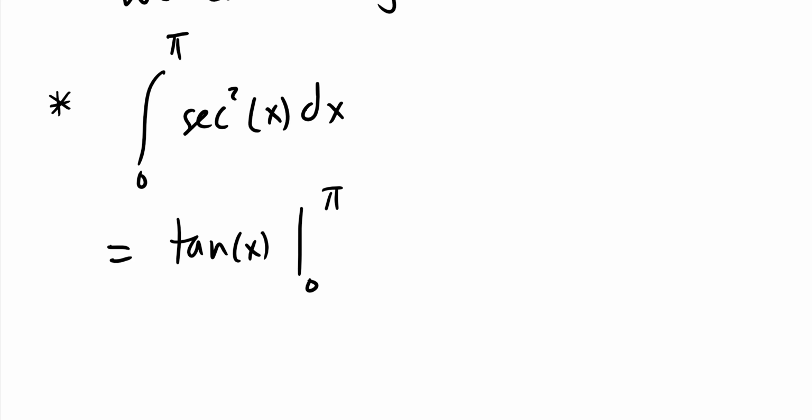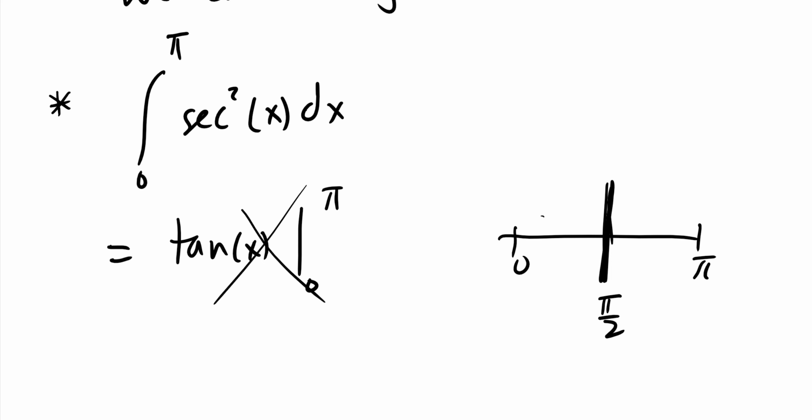Right? It's not defined at pi over 2. So we can't go straight from 0 to pi, because there's a restriction at pi over 2. So this cannot be done. Neither secant square nor tangent x is defined at pi over 2.